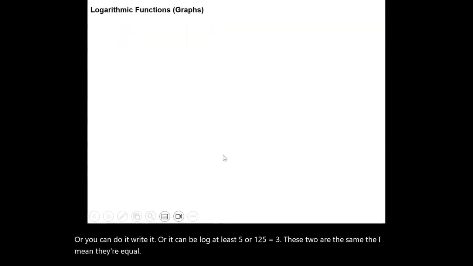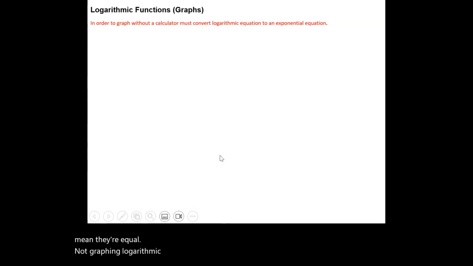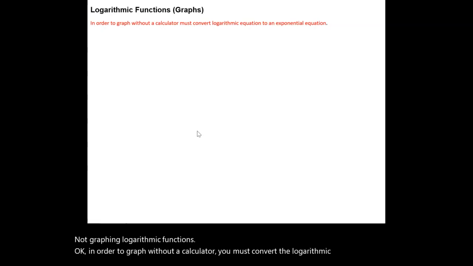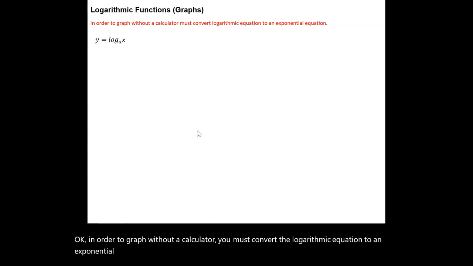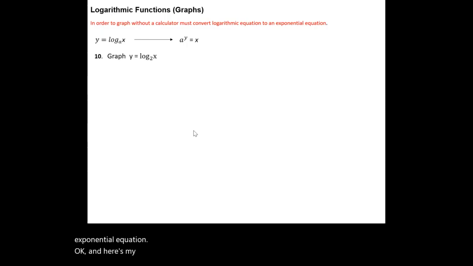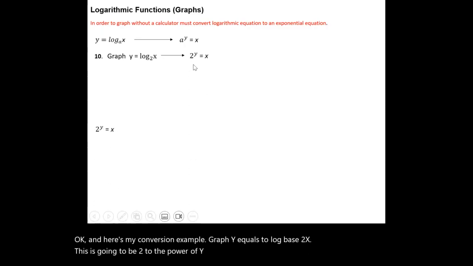Now, graphing logarithmic functions. Okay, in order to graph without a calculator, you must convert the logarithmic equation to an exponential equation. Okay? And here's my conversion. Example, graph y equals log base 2 of x. This is going to be 2 to the power of y equals x.